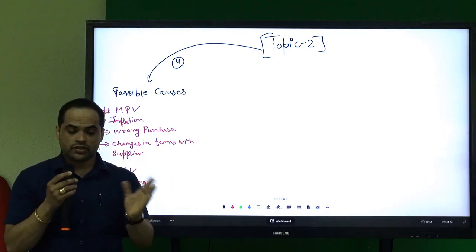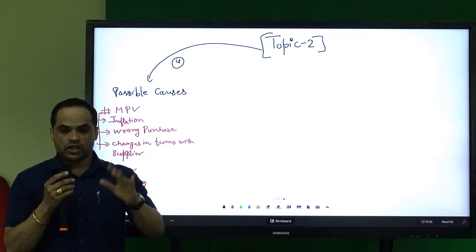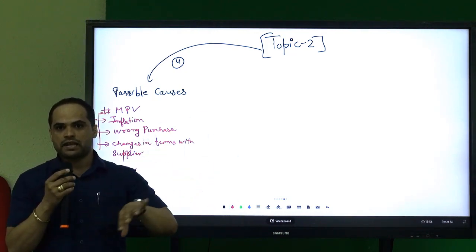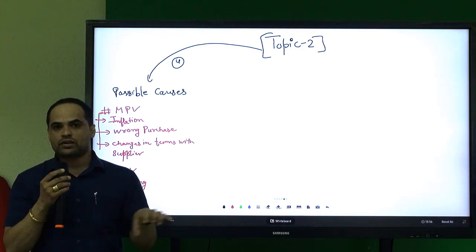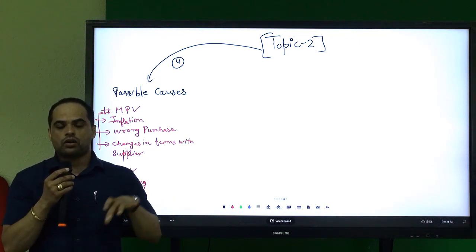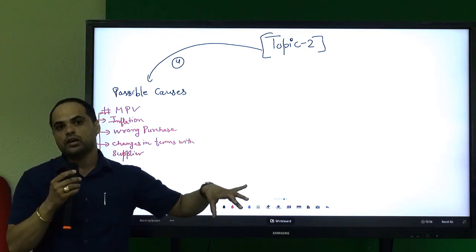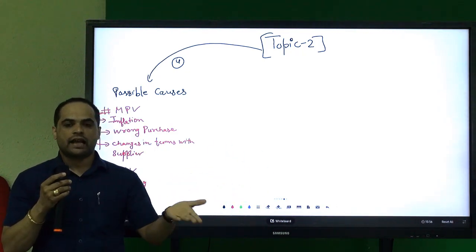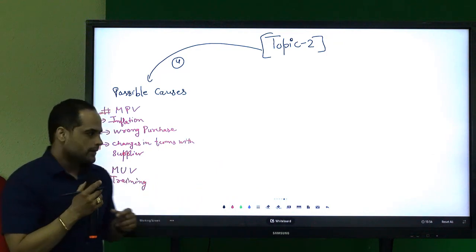So during the training period, material consumption will increase. As a result, material usage will be increased, because this is mainly a learning stage where workers learn and consume more material than the company expected.